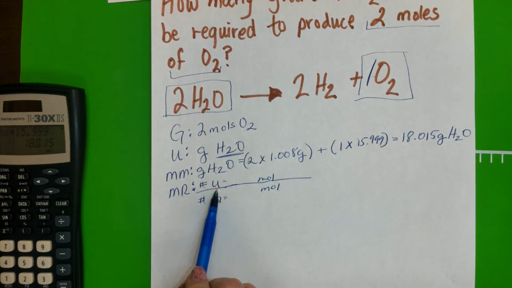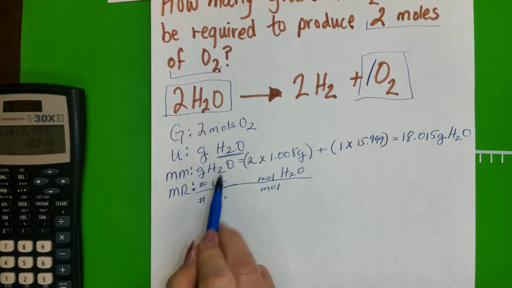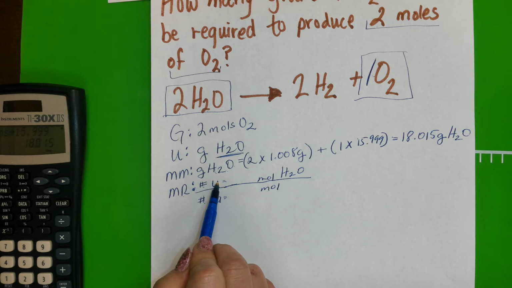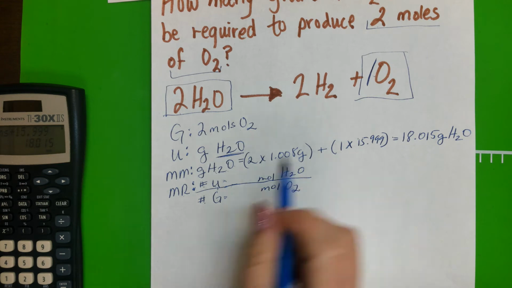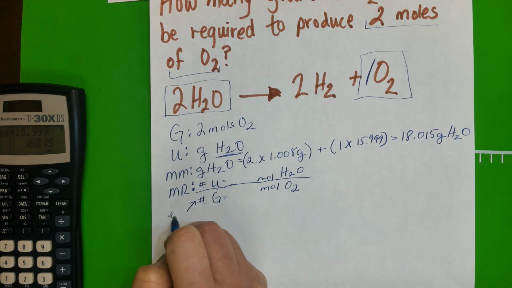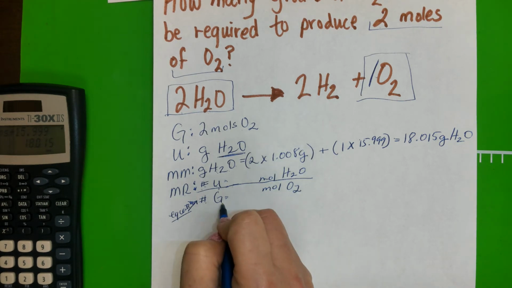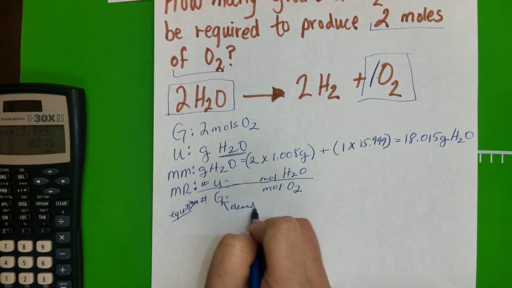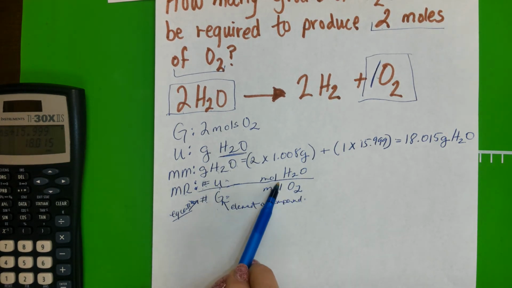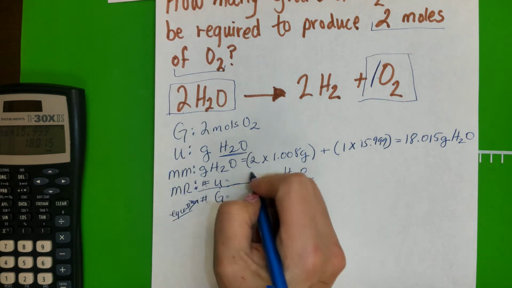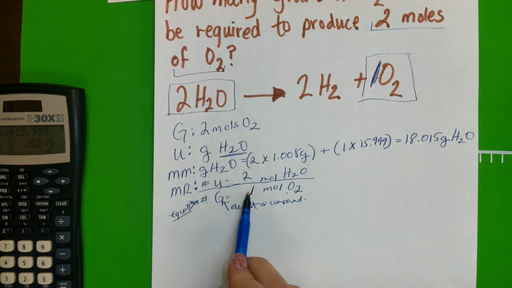The unknown is water, H2O, and the given is based on oxygen. Keep in mind that the number is from the equation, which is very important. The water is right here, so that's a 2. Oxygen is right here, and that's a 1. So it's 2 over 1.